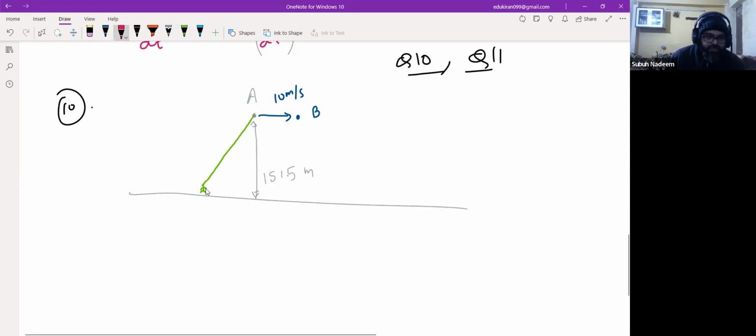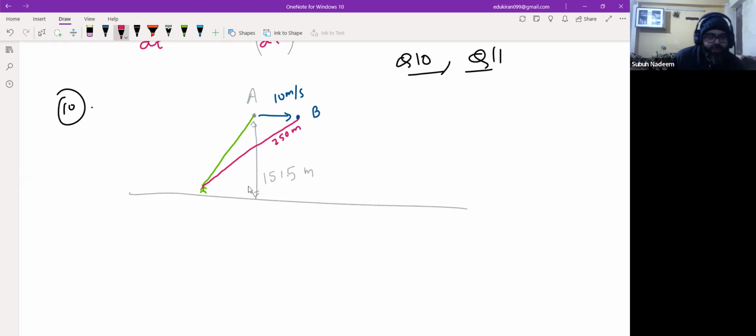After some time, the string will be here, when the kite is 250 meter away from the boy who is flying the kite. So how fast is the string being let out when the kite is 250 meter away from the boy? So this is 250 meter, this length of the string.